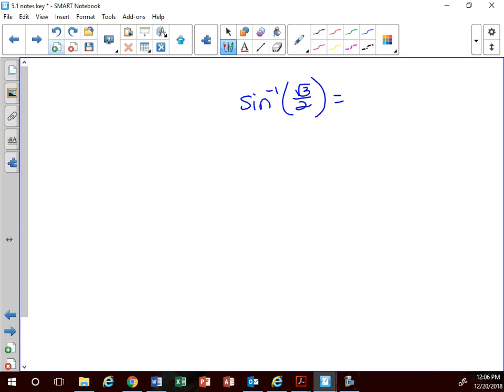You get an angle as your answer. So this is pi/3. That is different. If I took the sine of pi/3, I would get √3/2. So inverse, you're flipping those things around. It's like your x and your y.